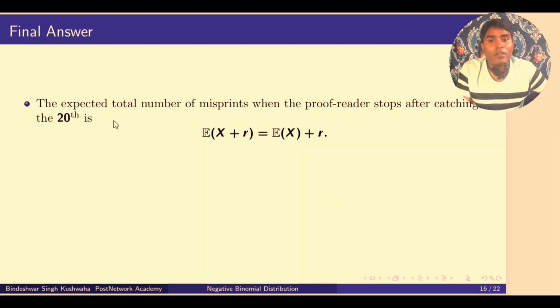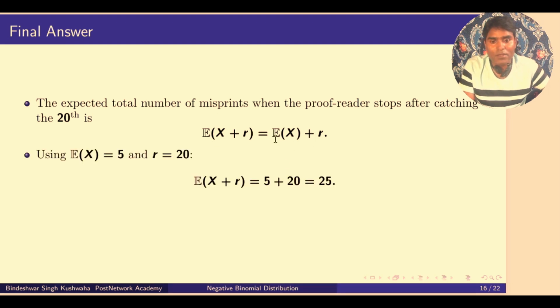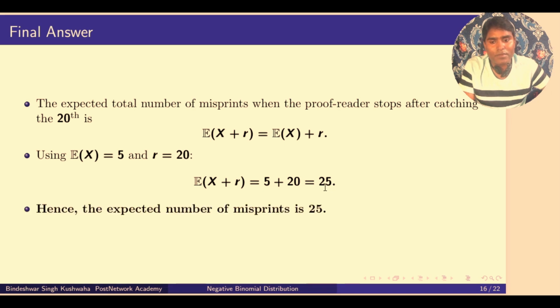And the expected total number of misprints when the proofreader stops after catching the 20th is the expected value of X plus r. The expectation operator can be distributed, so the expected value we have got is 5 and r is 20, so 25. Thereafter the expected number of misprints is 25.